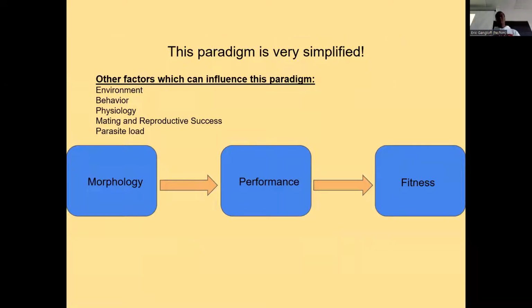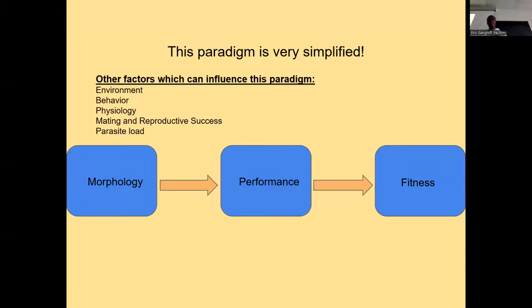But this paradigm is actually extremely simplified and does not take into account a whole bunch of other factors which could influence it. So we see that environment influences the paradigm. If I were to, let's say, move the basilisk to the ice of the Antarctic, it wouldn't do very well because it would just die.